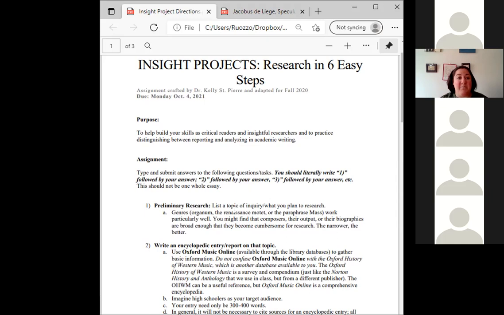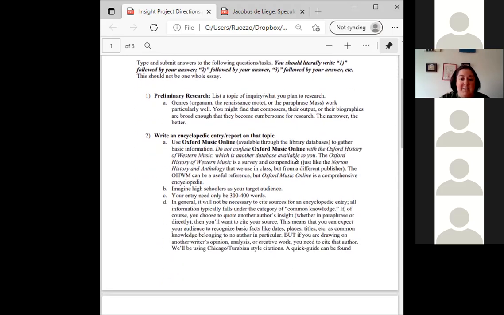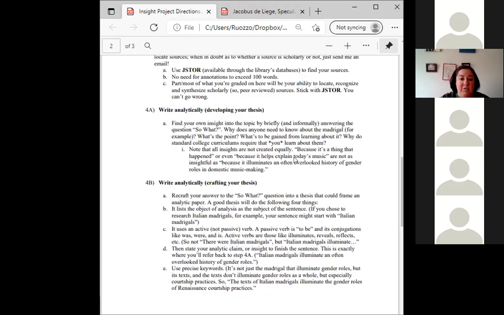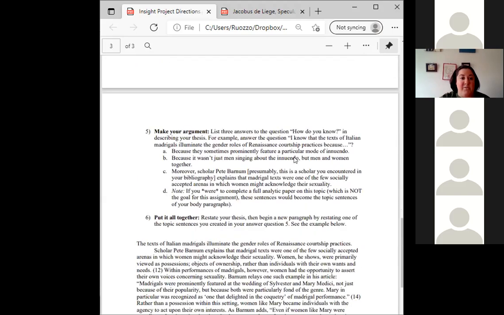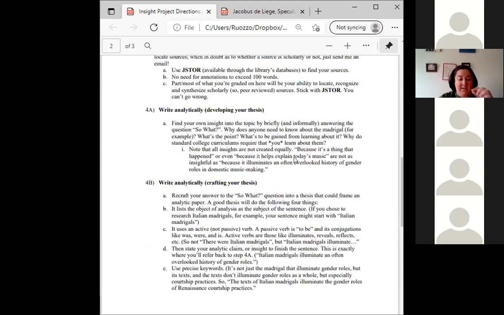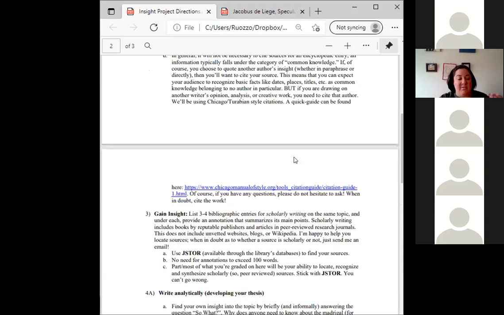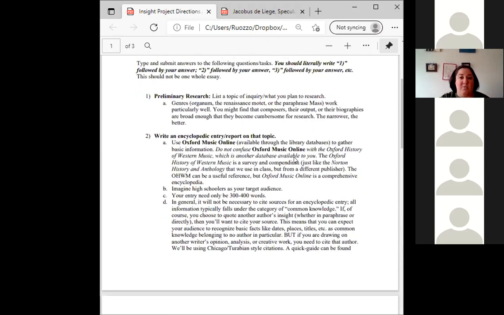You're going to go find a bunch of research and find a bunch of new knowledge, but you don't have to write the essay to accompany it. So the assignment consists of the following tasks. You're going to label your submission steps 1 through 6. So step 1, my answer. Step 2, my answer. Step 3, my answer, and so on. So let's talk about what each step entails.